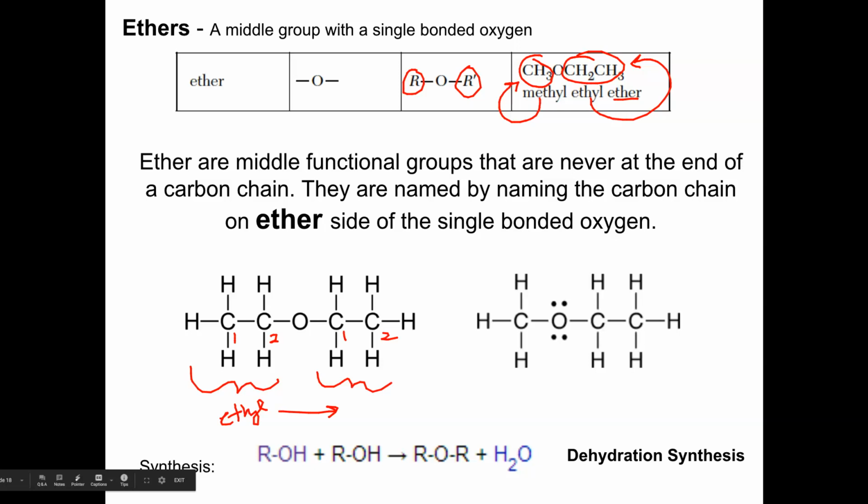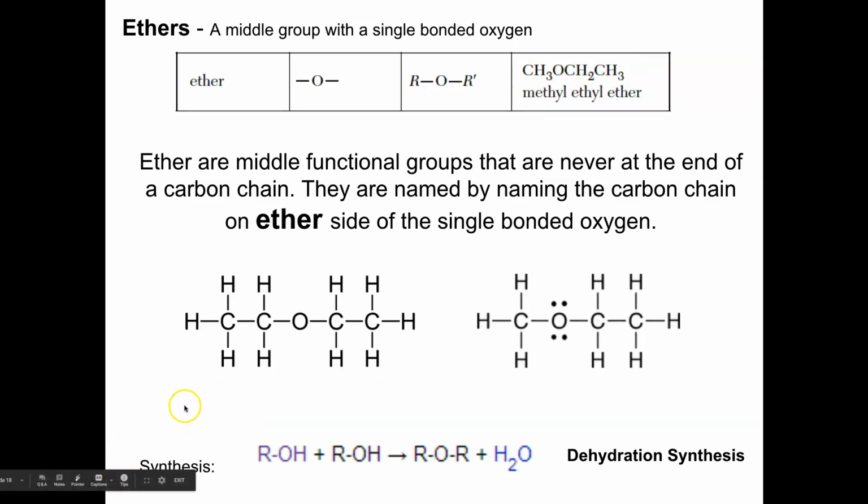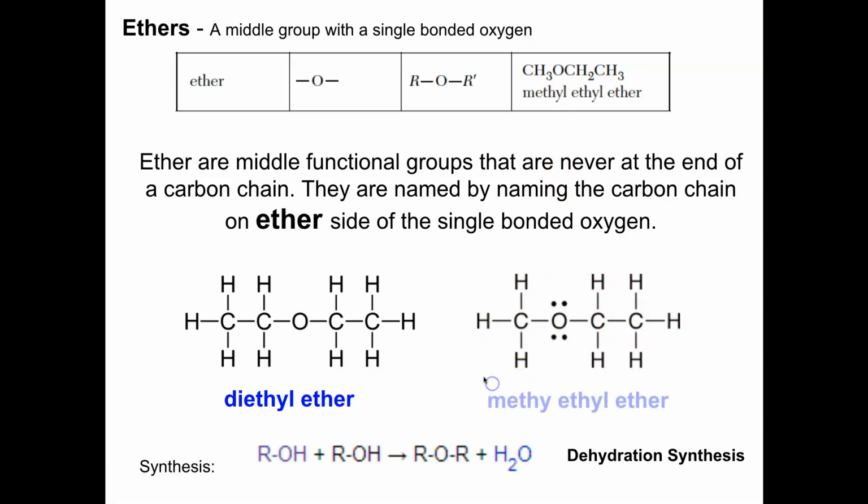Okay. How about this one? I've got a methyl group and an ethyl group. So like you've seen up here, it's methyl ethyl ether. You're naming the carbon groups on either side and adding the word ether. Again, you don't have to memorize this, party people. You can just use table R to help you remember how to name these.